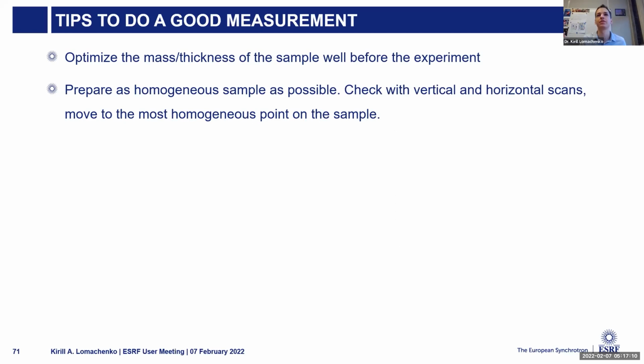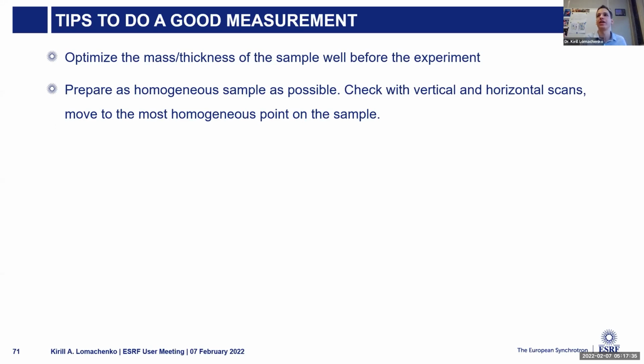But this dip or peak, or step, will not be because of an increase of the absorption coefficient of your sample. So it's not going to be a chemical effect. It will be just because you're measuring on a thicker or thinner, or let's say more or less concentrated, part of your sample.